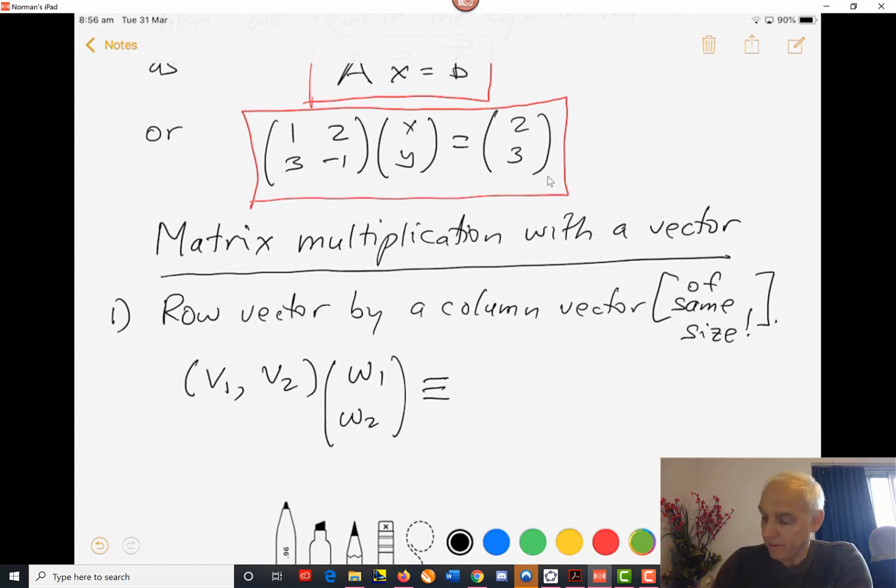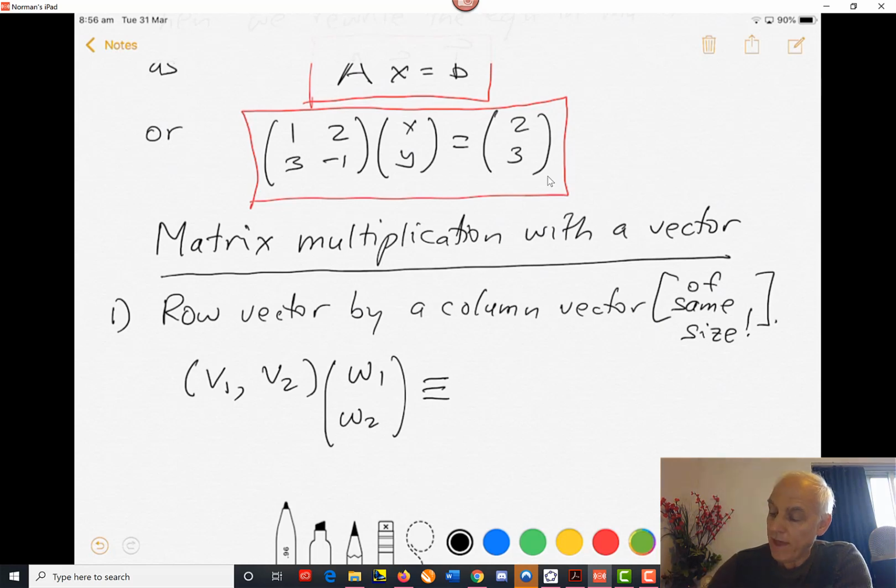More generally, if we have vectors with n components, say v1, v2, all the way up to vn, then we're allowed to multiply that by a column vector of the same size. Say a vector w1, w2, down to wn.